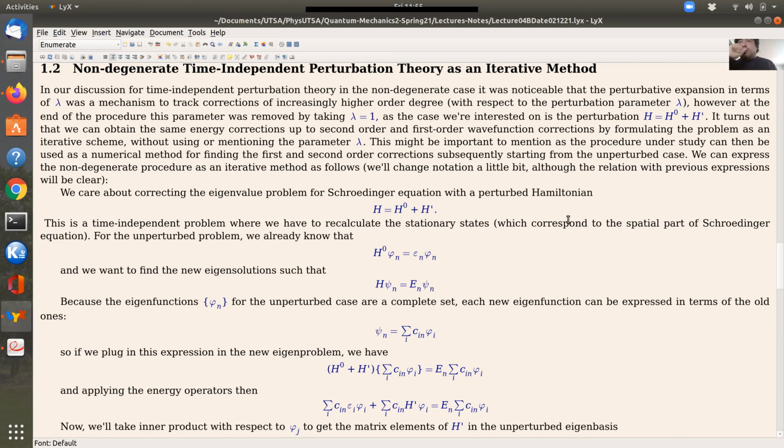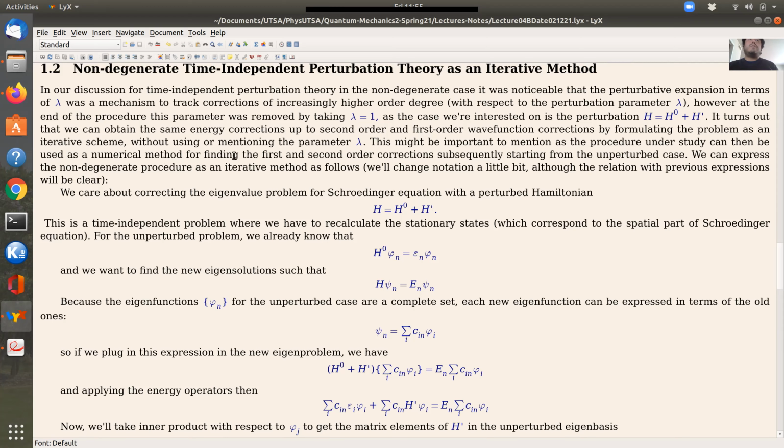So again, we use lambda to keep track of the orders. But at the end of the day, in the previous exposure, we just made it equal to 1, because the case we're interested in is basically H naught plus H prime. So what I want to tell you is that up to second order, basically the same energy corrections and corrections to the wave function to first order can be obtained equivalently by formulating our problem as an iterative scheme.